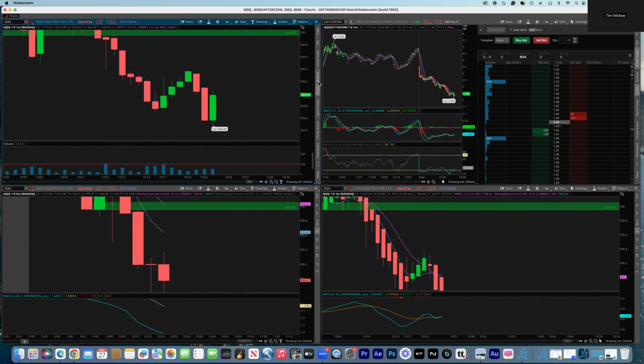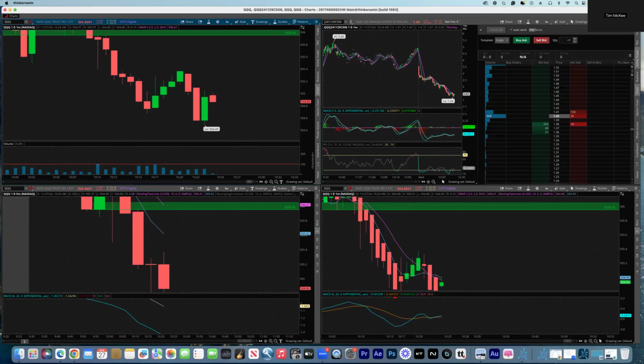Looks like another fairly quick reversal we're getting here. So if we go again, I'll probably stay at the 506 on the put side. I mean, prices are super cheap today.